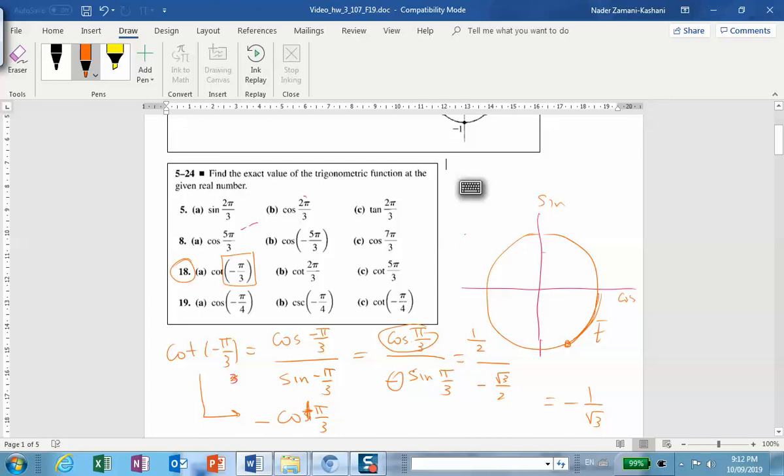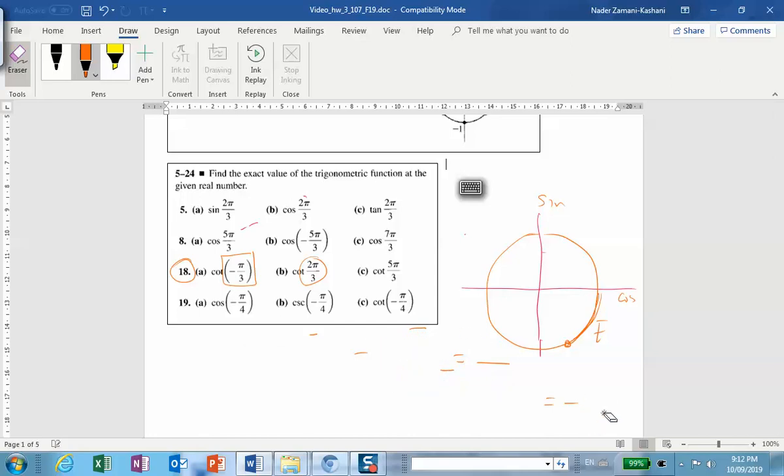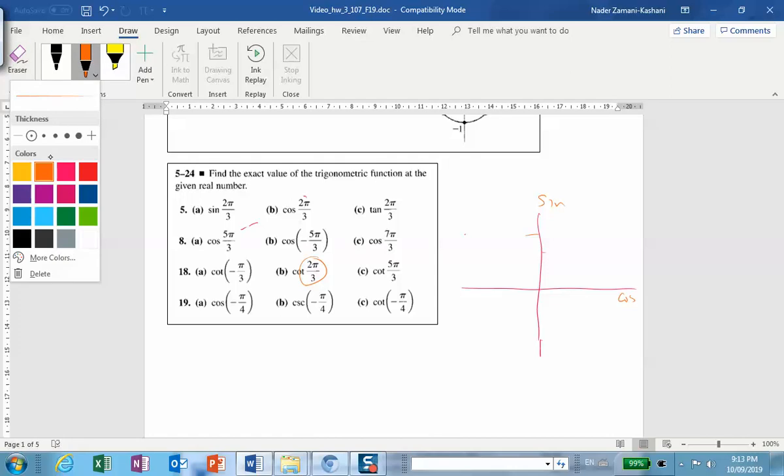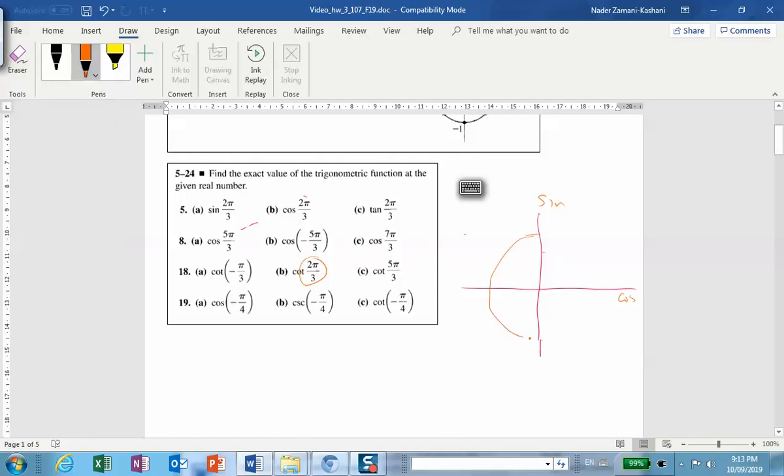All right. 2 pi over 3. Let's do part B. So let me get rid of all of this. Okay, so here is the trig function. We are interested in cotangent of 2 pi over 3.